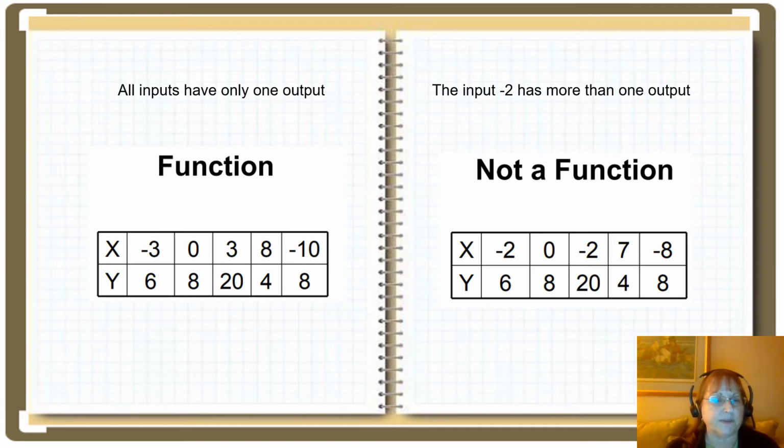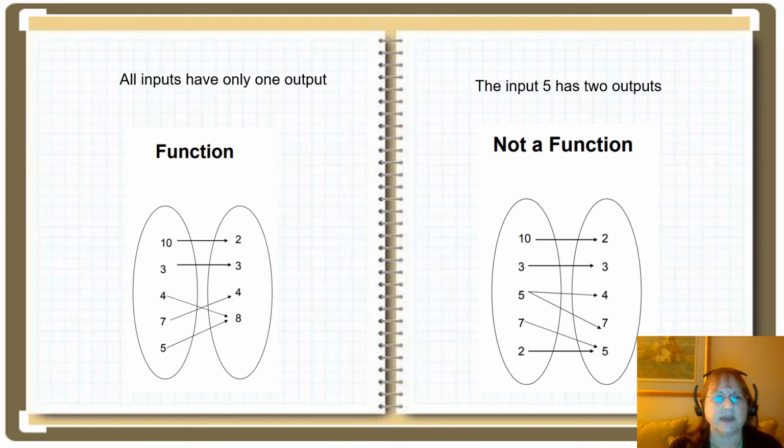We have -3, 0, 3, 8, and -10. However, on the right-hand side of the page, we have an input of -2 with an output of 6 and another input of -2 with an output of 20, which makes this not a function.